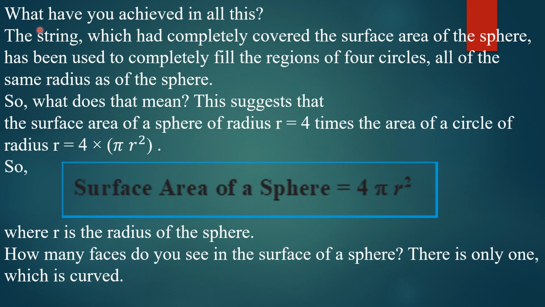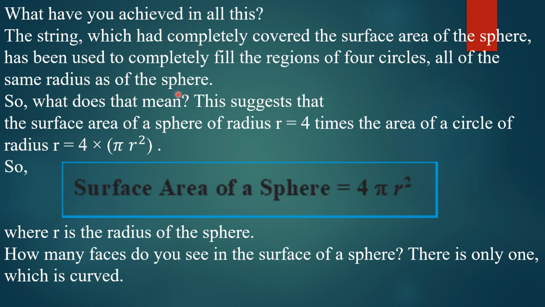After performing this activity, what have you achieved? The string, which had completely covered the surface area of the sphere, has been used to completely fill the regions of 4 circles, all of the same radius as that of the sphere.